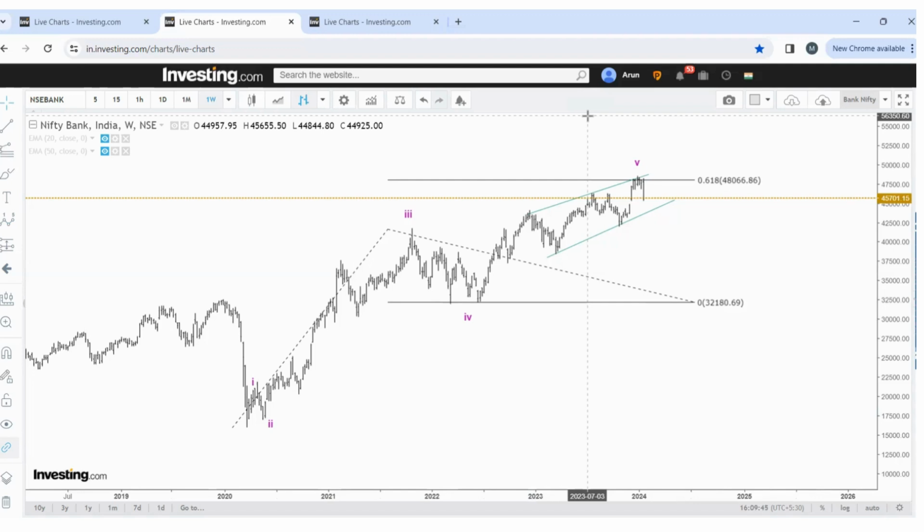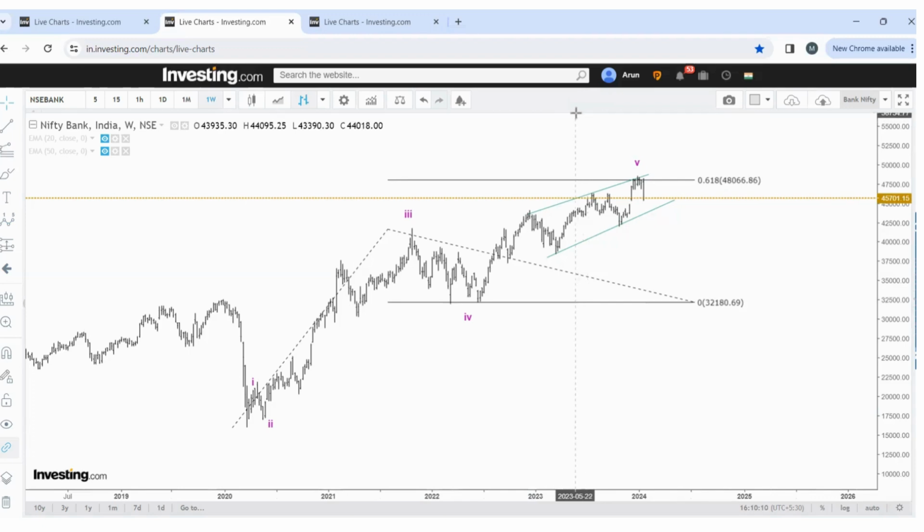So I am checking both views in Nifty and also in Bank Nifty, to see which are synchronizing or aligning with each other, and the levels we may see in the coming days. So this is the first view, as per the bearish view. To be frank, both are aligning very neatly with each other.